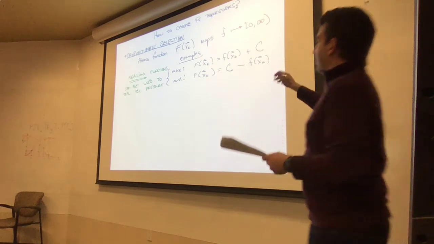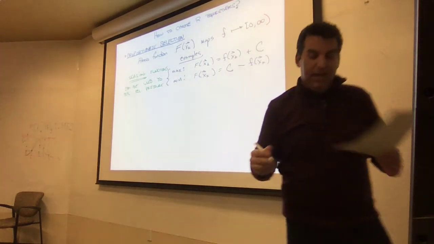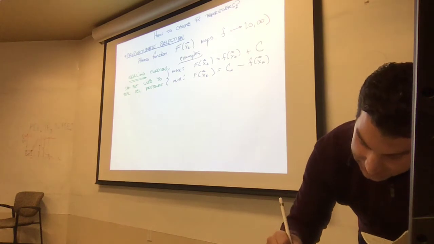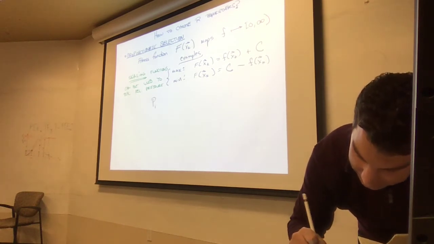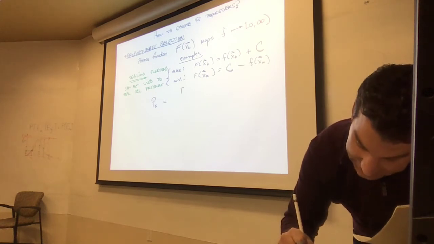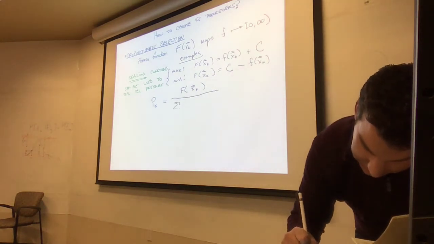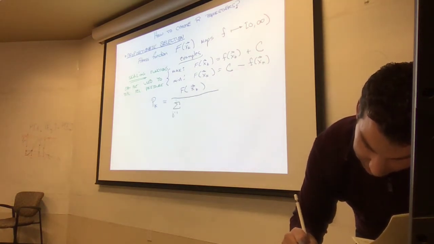what you do is, now that you're able to write the fitness for every strategy, I come up with a probability, p_k, where k is for the kth individual, which is just going to be its fitness over the sum of all the fitnesses, j equal 1 to n.